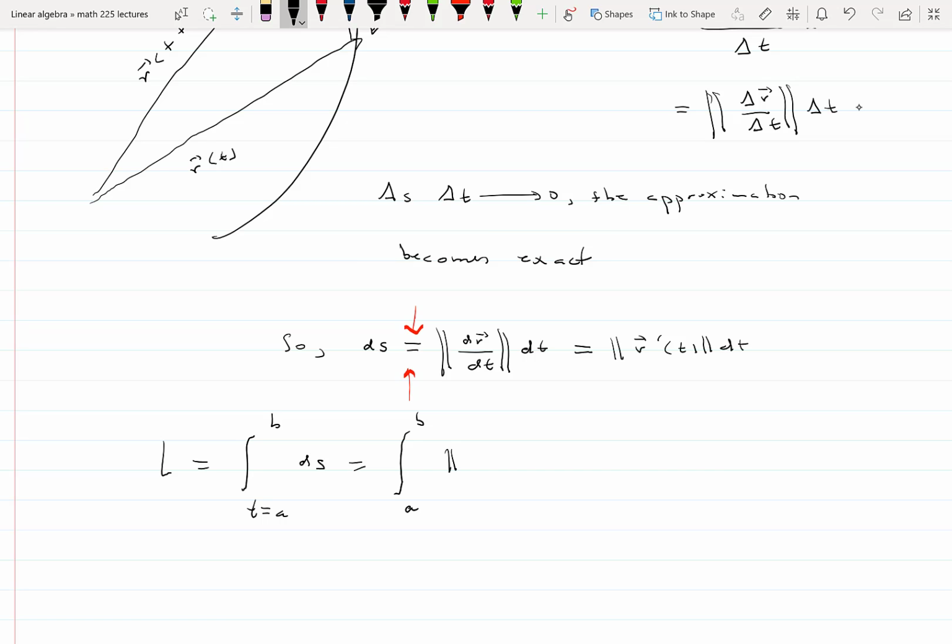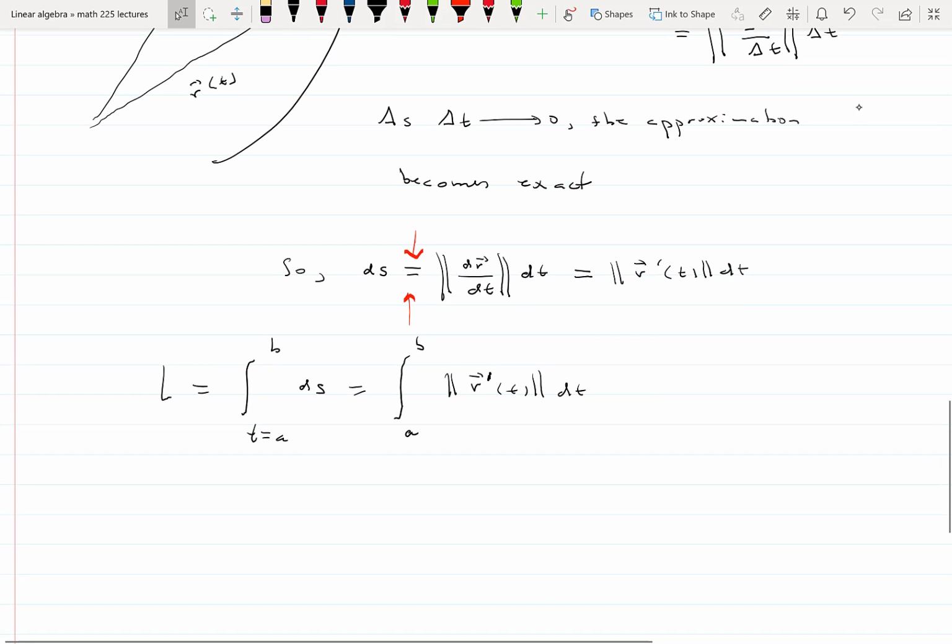So the length becomes the integral from a to b of the magnitude of r prime of t with respect to t. This is our workable formula, a formula that we can actually use to find arc length.